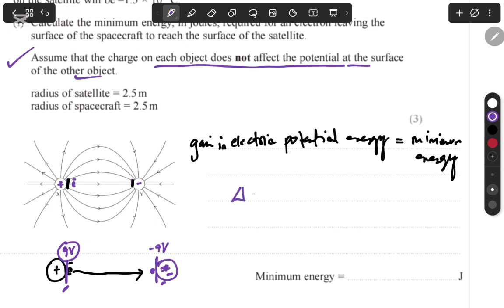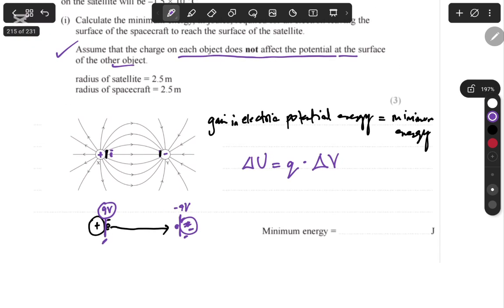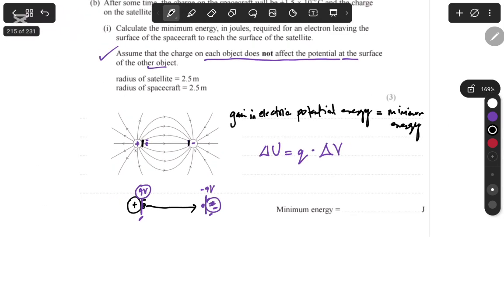And we know the gain in the electric potential energy is equal to the charge that's moving, here the electron, the charge that the work is being done on, Q, times the change in the potential difference. I hope that's clear. So now we just have to use this formula and we'll get the value of the minimum energy.